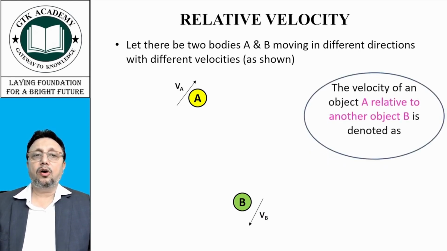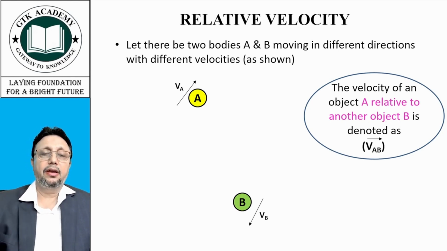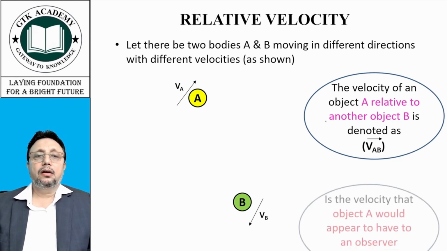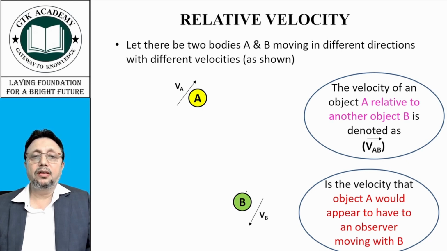Now the velocity of an object A relative to another object B is denoted as VAB. This means velocity of A relative to B. It is the velocity that object A would appear to have to an observer moving with B.